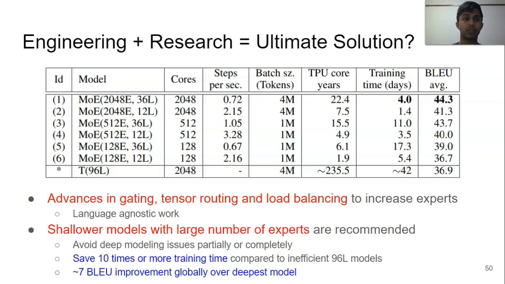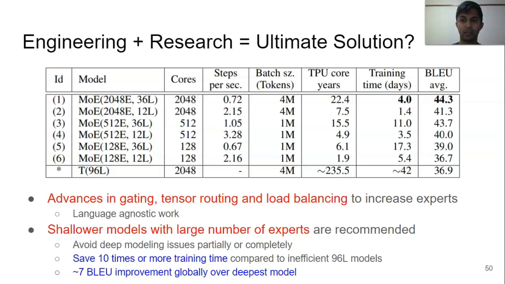If you look at the best possible model, which is in row number 1, it uses 2048 experts scattered over 2048 devices and has 36 layers. And you can get an improvement of 7 BLEU globally over the deepest possible model, which does not use any kind of mixture of experts.